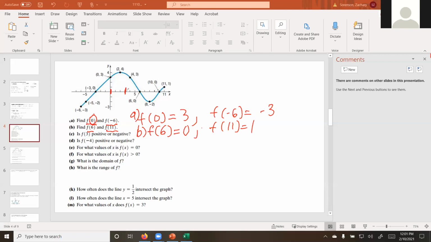I'll still trace up to my graph, but I don't know what that is. Maybe it's 3.5, maybe it's 3.8, but that's not what the question's asking for. All it's asking for is: is my graph positive or negative there? Well, it's above the x-axis, so it's positive.